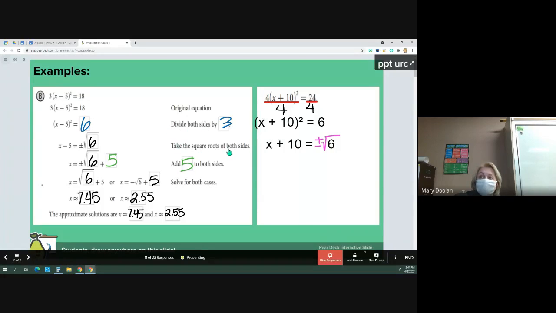So after we take the square root of both sides, on the last problem we added 5 to both sides. We're not going to add 5 over here, but we do want to get rid of this 10. X plus 10, what can I do to get rid of plus 10?